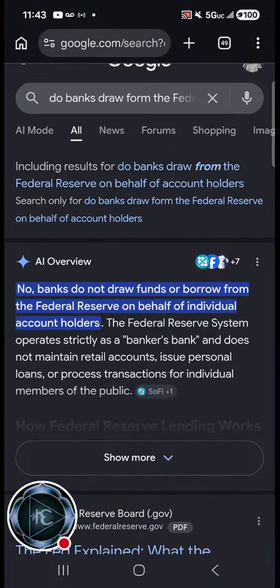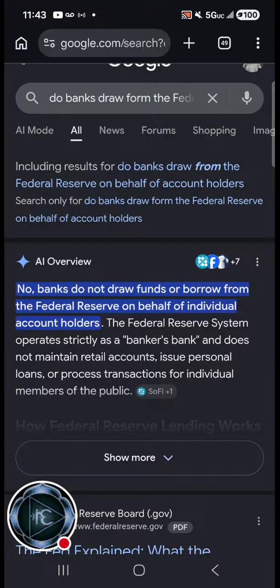But what I am saying is, do they draw from the Federal Reserve on our behalf? They borrow from the Federal Reserve on behalf of themselves.